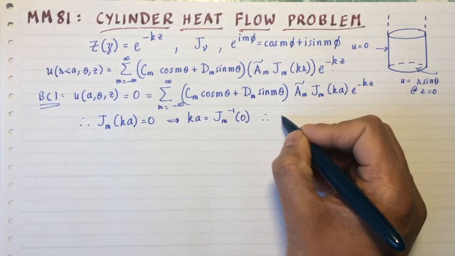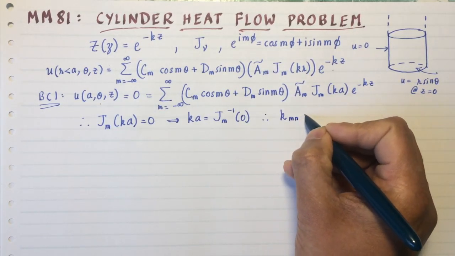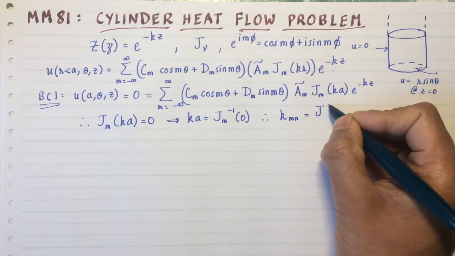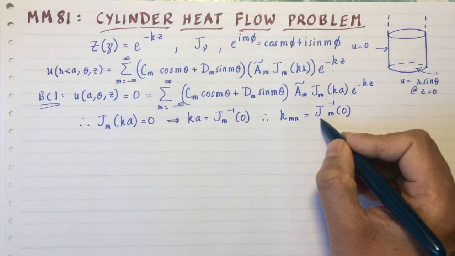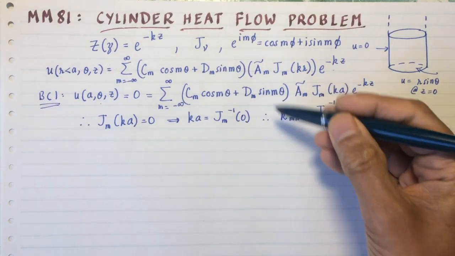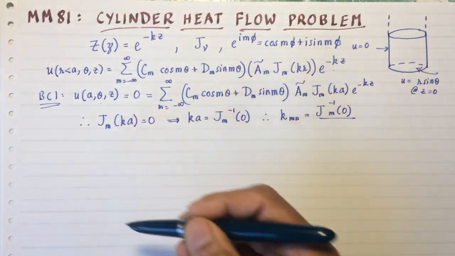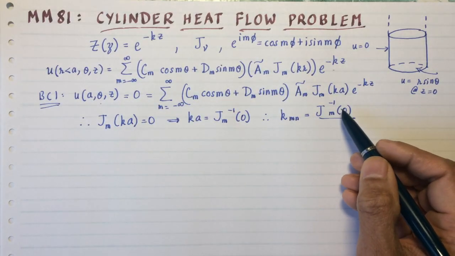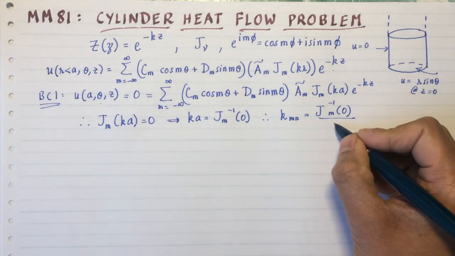So what we're going to do is call this k_mn, and so it's going to be the inverse of the Bessel function. You already know how these Bessel functions look. They look like decaying sine waves at infinity. So the inverse value of the 0 is going to be a multivalued function. It's going to have several roots.